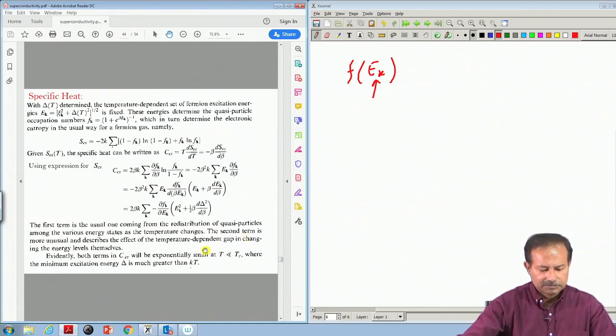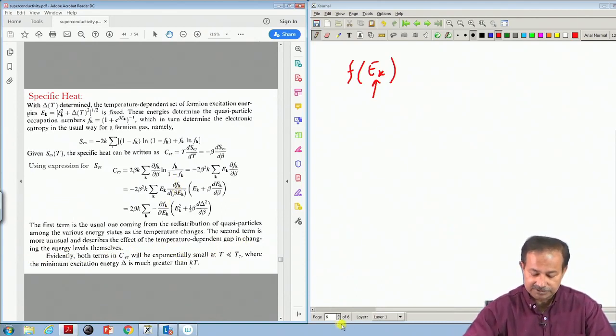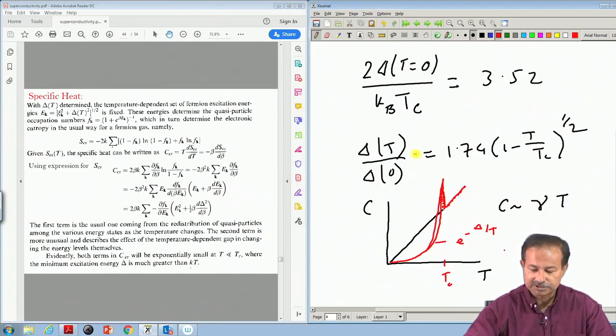So, the second term is the unusual term, and it describes the effect of the temperature dependent gap. As I said, the gap had a temperature dependence. So, the second term will reflect this temperature dependence of the gap, 1.74 times 1 minus T by T c to the power half.